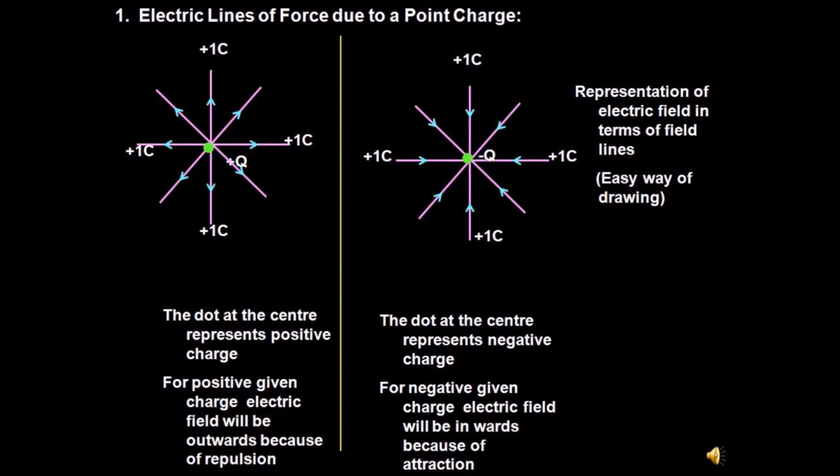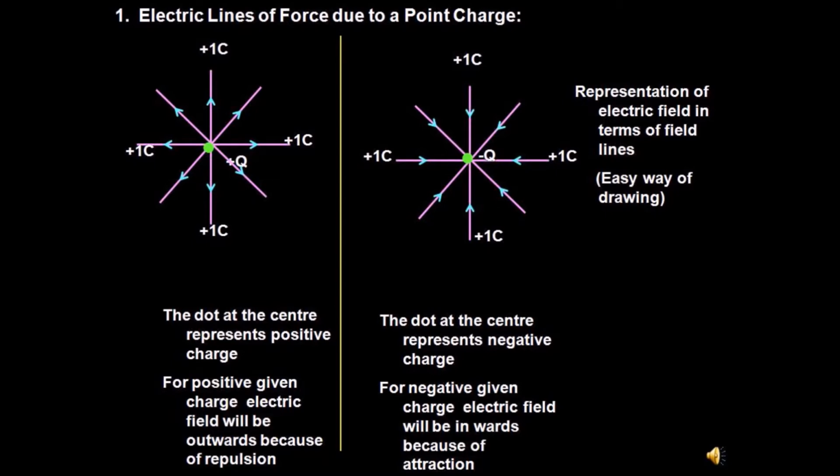Now around it everywhere we will assume a unit positive charge, which we can call a test charge. So the assumed positive charge will always be repelled away, or outwards, from the given positive charge. That's why the electric field lines are outwards.